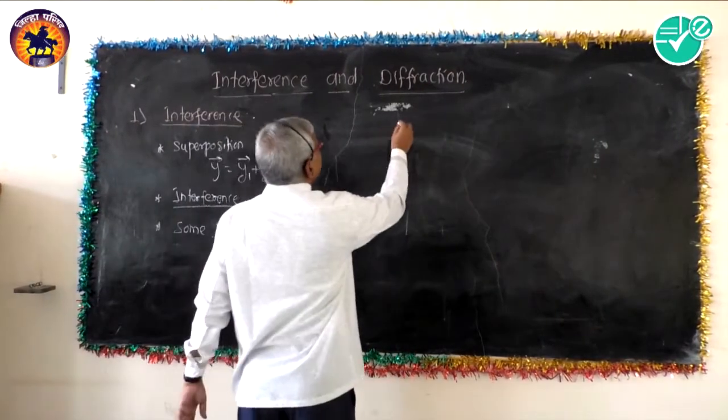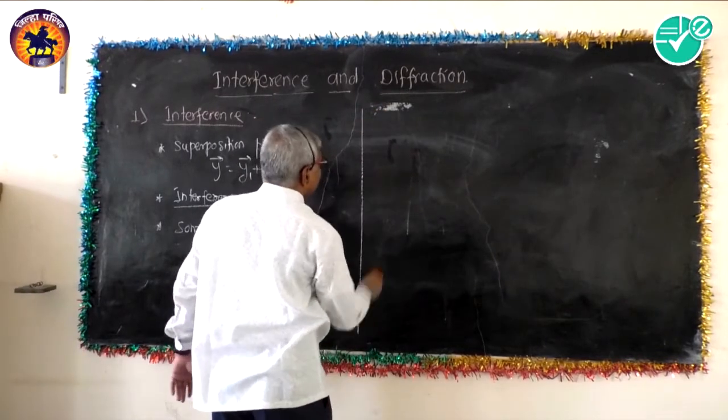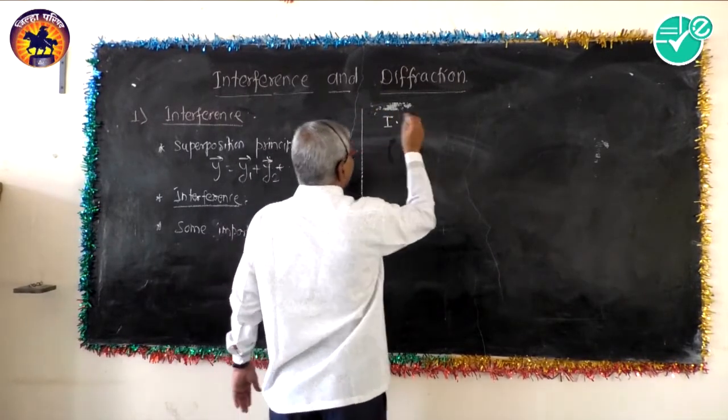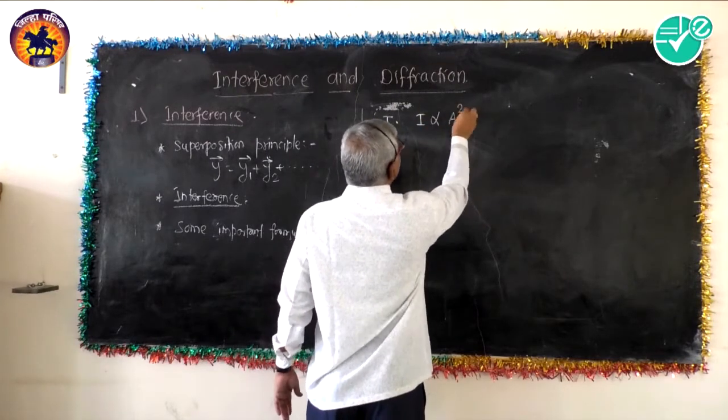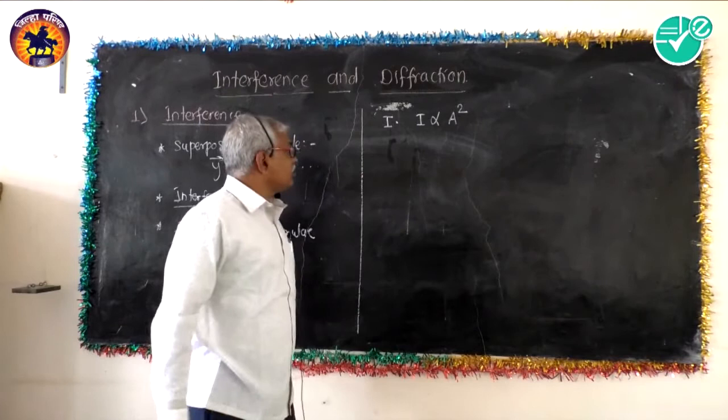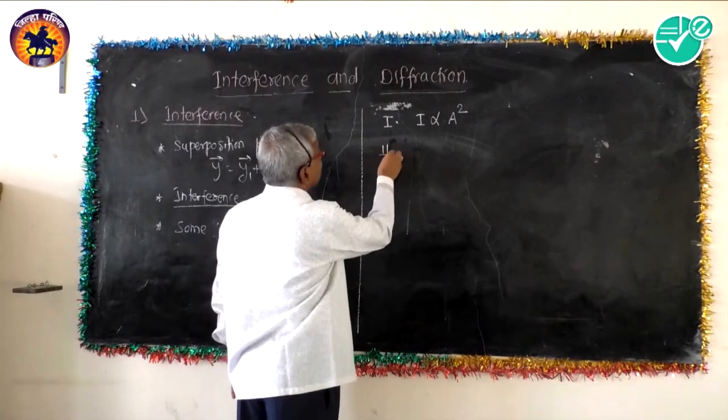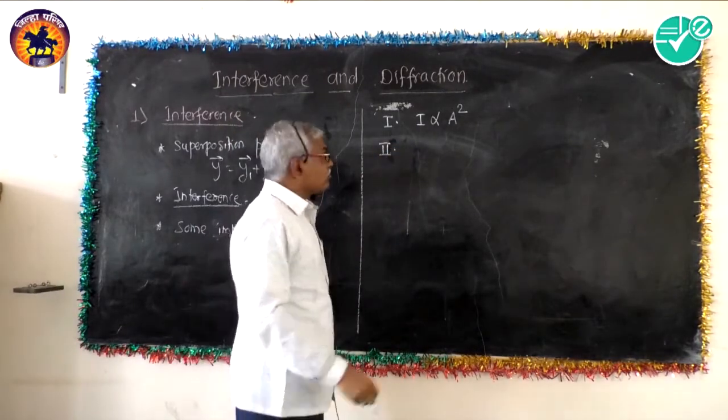Number 1. Intensity of light is always directly proportional to square of amplitude. Number 2.